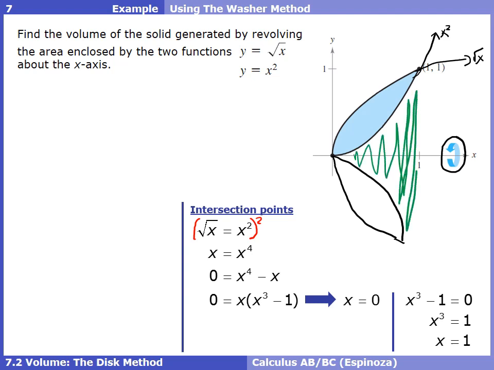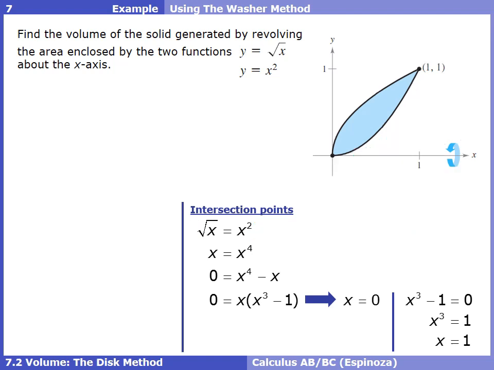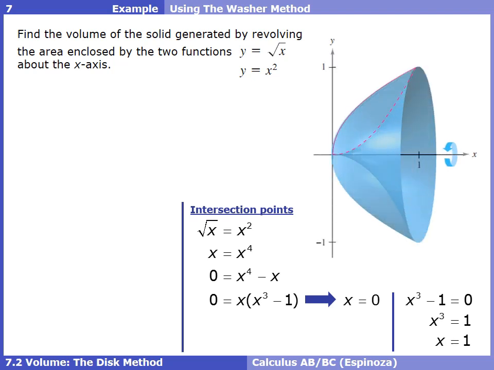All of this space right here would not be filled in with anything. The only solid part would be these blue parts. I never drew the blue on the bottom part, but it would be the blue parts. If you need a better picture than my little extra drawings in there, ultimately it looks something like this. All of this area right here would be empty space, so that's why we know this is going to need a washer to make this problem work.